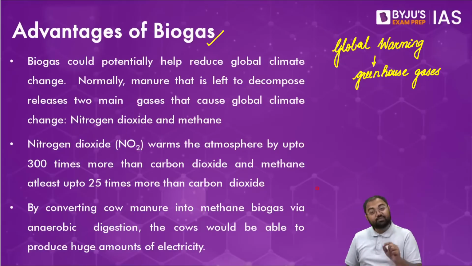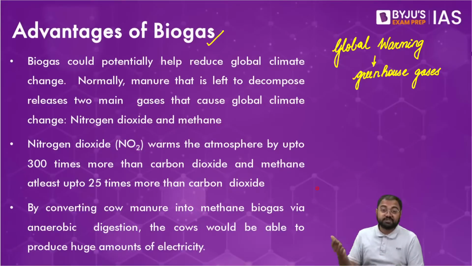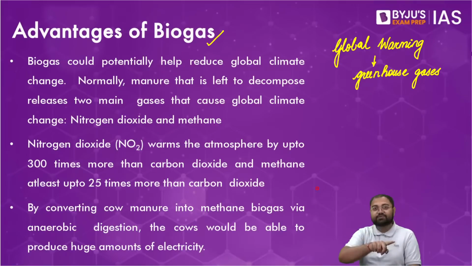So that is one major advantage that biogas production all across the world can give, because we somewhere have to offset the amount of emission that we are doing, right? We are doing a lot of emission, and naturally, if we were not adding extra methane, then this natural amount of methane that is going as decomposition of animal manure would not be a big problem, because it's a part of the natural phenomena on the earth, so it wouldn't be a big challenge for us.